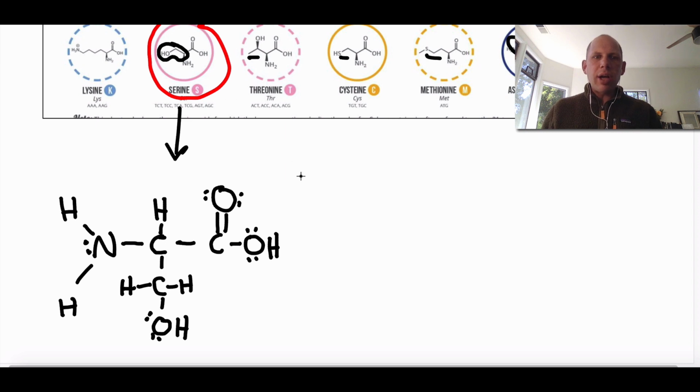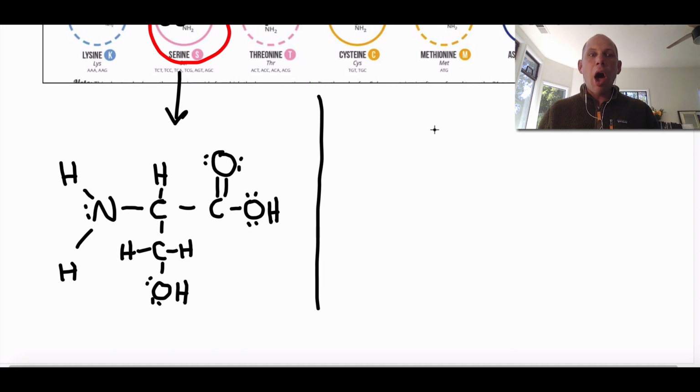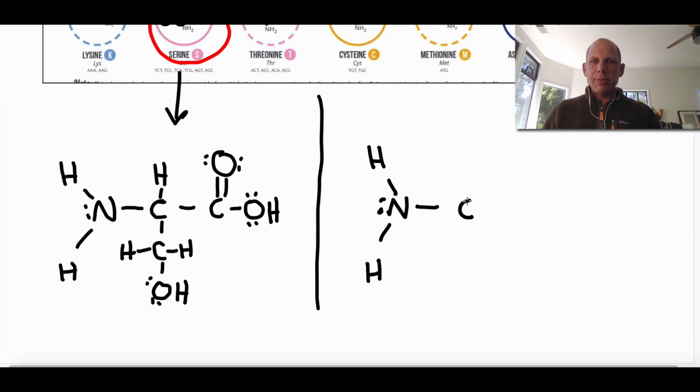Okay, so let's do a general look at how we talk about an amino acid. So we talk about an amino acid in terms of the left side, the center carbon, and the right side.